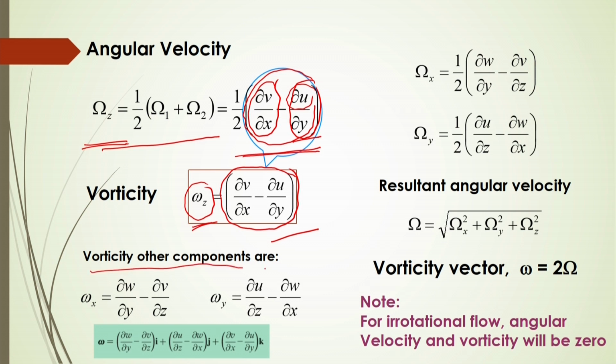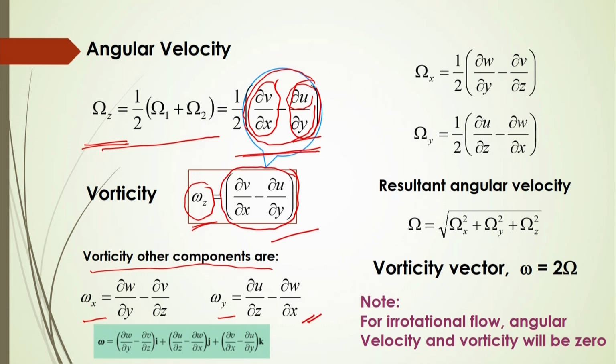Now, the other components of the vorticity: in the x direction it will be ∂w/∂y minus ∂v/∂z, and in the y direction this vorticity will be ∂u/∂z minus ∂w/∂x. So, this will be your vorticity in the x and y directions respectively.